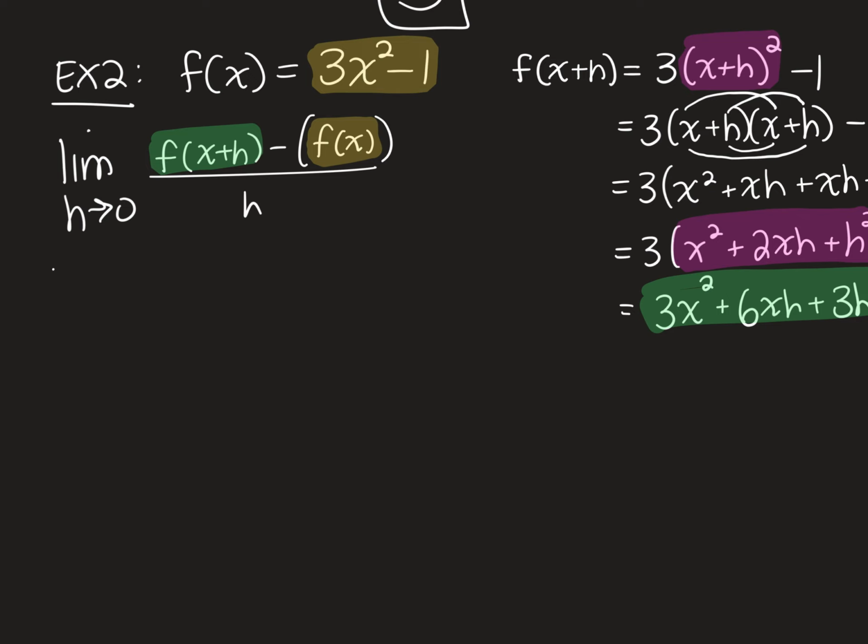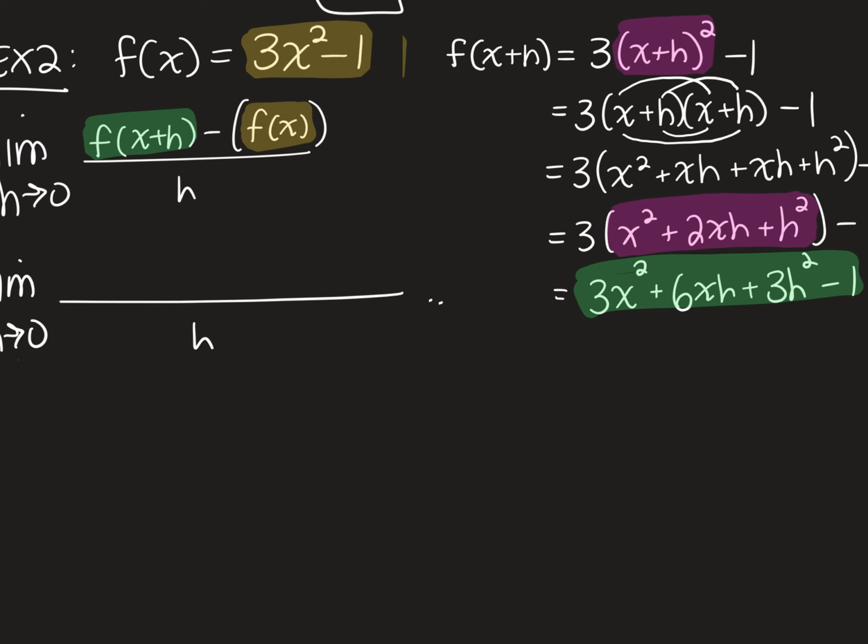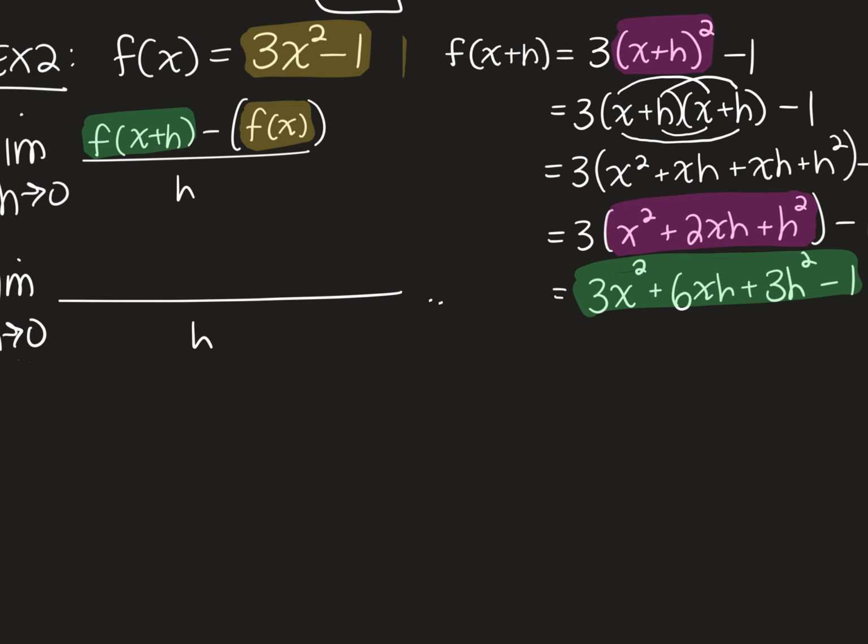I have the limit as h approaches 0 of something all over h. So I put in the green expression, the thing we just wrote: the 3x squared plus 6xh plus 3h squared minus 1.